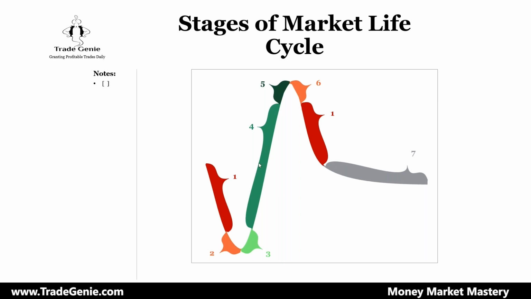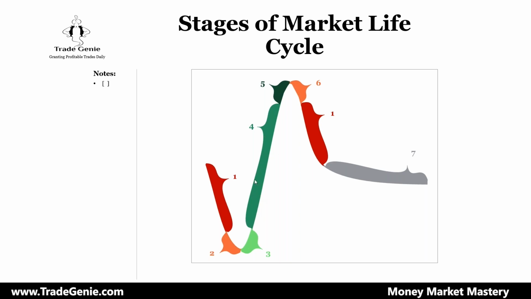So this phase 4 is long, because the market takes time to move up. The time it takes for the market to move up is longer than the time for the market to come down. That's why you see stage 1 has a shorter duration, whereas stage 4, the market rallying, has a higher duration.